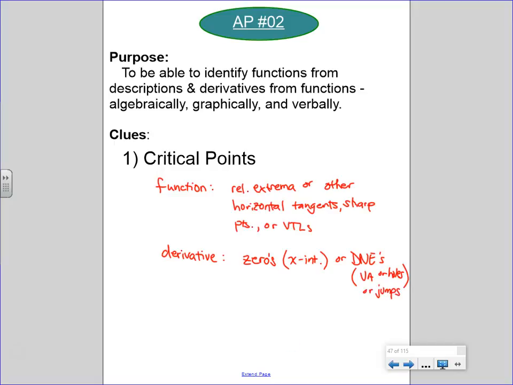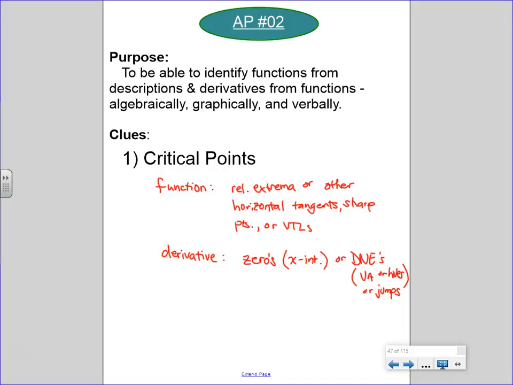So it could be a jump discontinuity. So in the function, we're looking for the turning places, the relative extrema, other horizontal tangents if they have any, sharp points, vertical tangent lines. On the derivative, the critical points match up with the zeros or the discontinuities. Those are the clues for critical points.